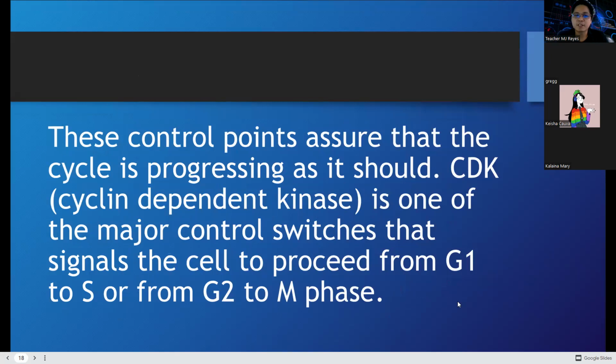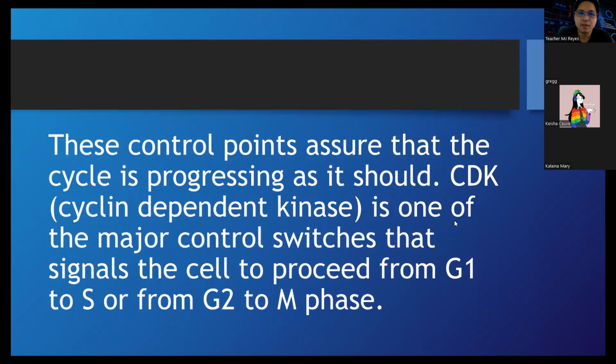CDK, or cyclin-dependent kinase, is an enzyme, one of the major control switches that signals the cell to proceed from G1 to S, from S to G2, or from G2 to M phase.